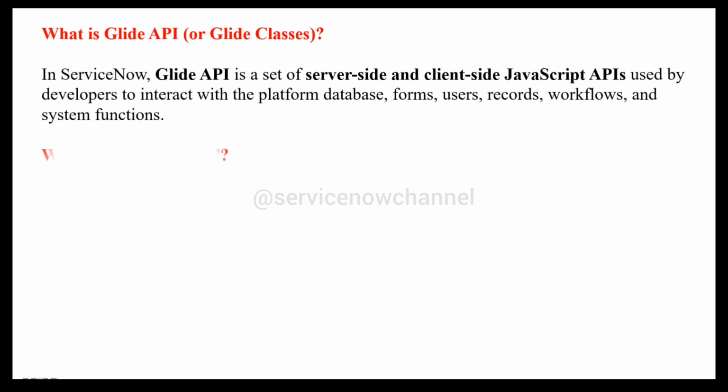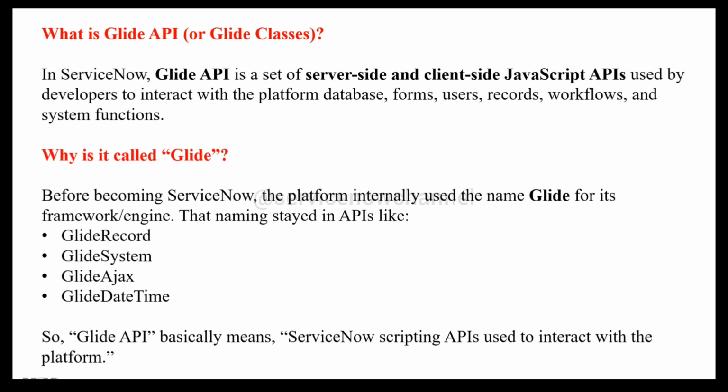Okay, so next, why is it called Glide? In Glide API, why is it called Glide? Before becoming ServiceNow, the platform internally used the name Glide for its framework, but after that, the name stayed in APIs like GlideRecord, GlideSystem, GlideAjax, GlideDateTime.